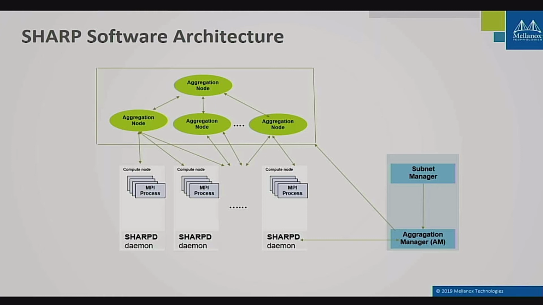InfiniBand has been that kind of technology for the past 20 years. It was defined as an SDN technology, where you have a subnet manager, a software entity managing your entire network, and allowing you to configure and do whatever you want on top of this network hardware.